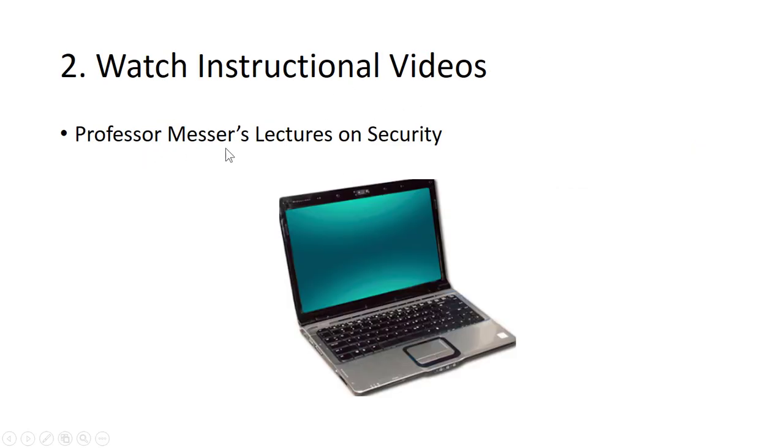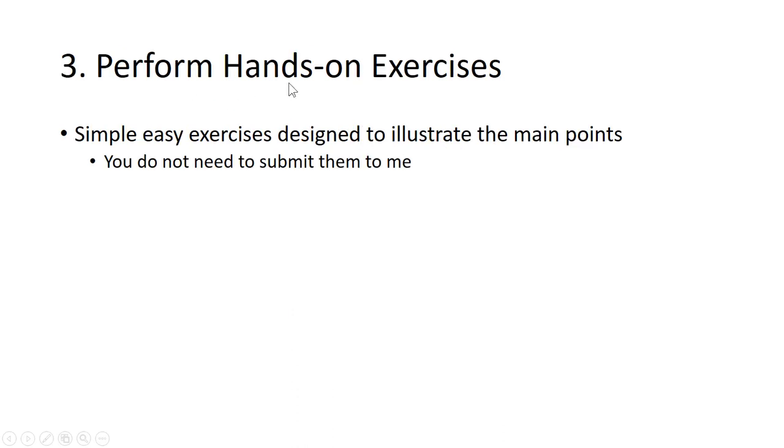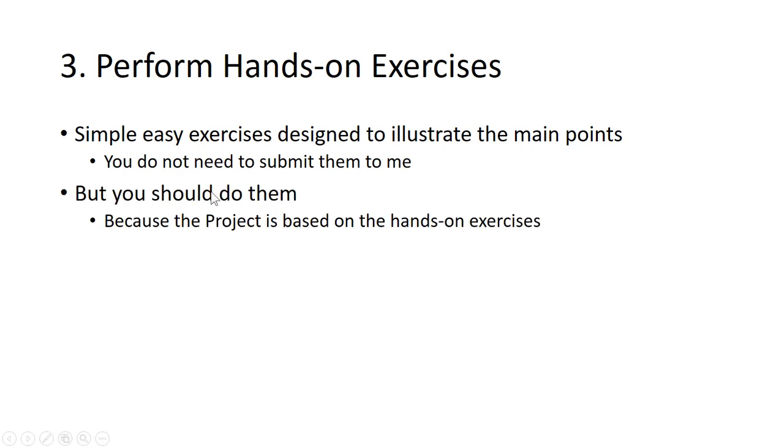These are Professor Messer's lectures on security. Then you perform the hands-on exercises. These are simple, easy exercises designed to illustrate the main points. You do not need to submit these exercises to me, but you should really do them because the project is based on the hands-on exercises.